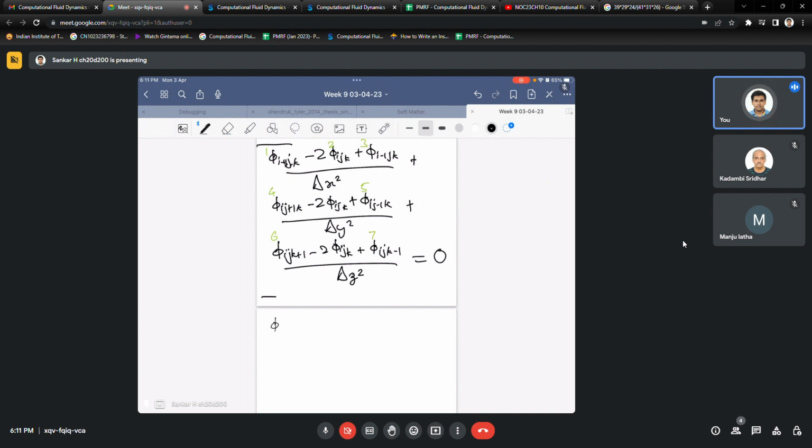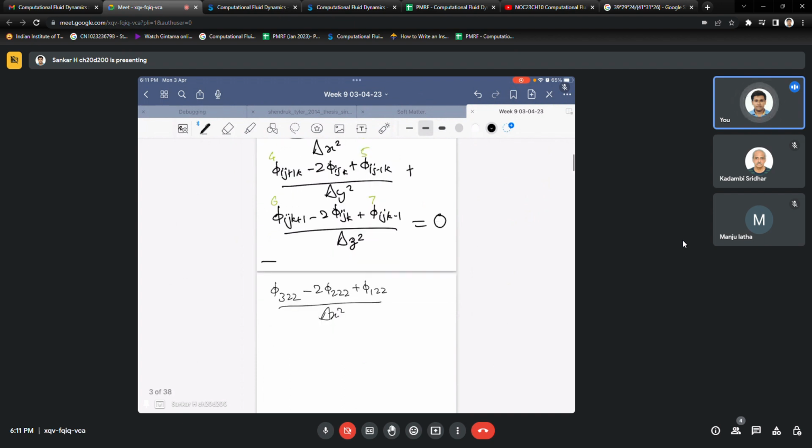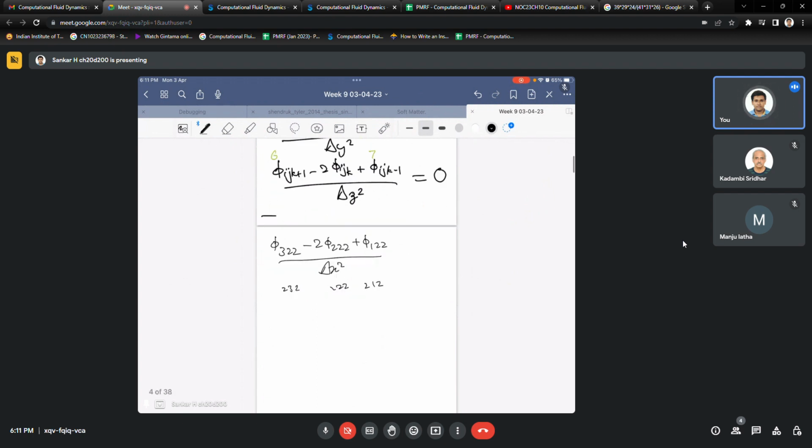We'll be getting that as 5 3 2 2 minus 2 5 2 2 2 plus 5 1 2 2 2, divided by delta x square. And similarly we'll get 2 3 2 here, 2 2 2 here, and 2 1 2 here for delta y square, and 2 2 3, 2 2 2 and 2 2 1 for delta z square.